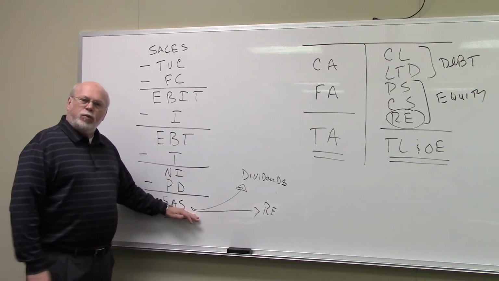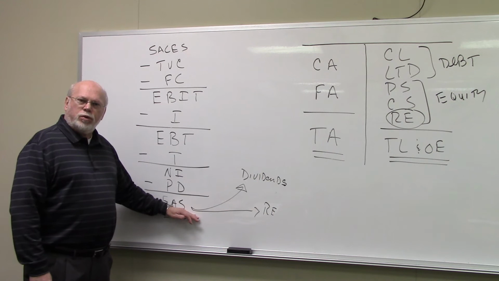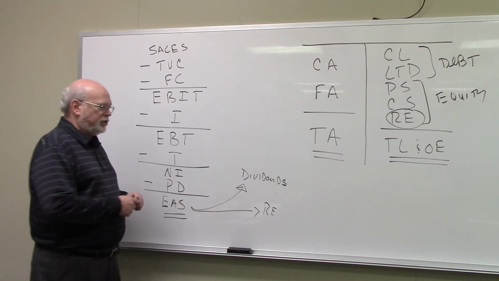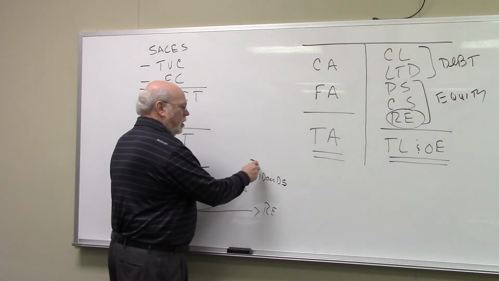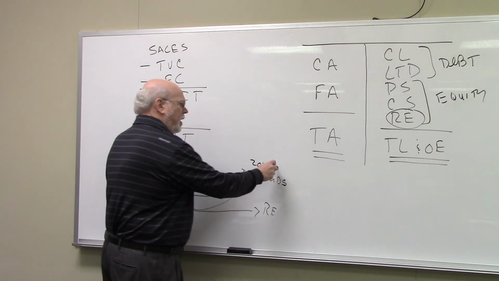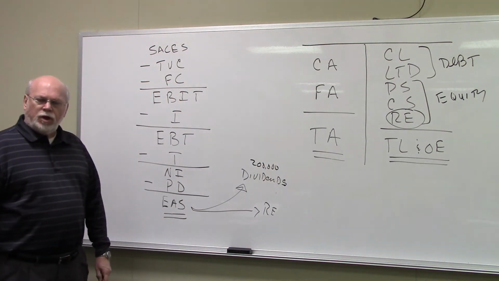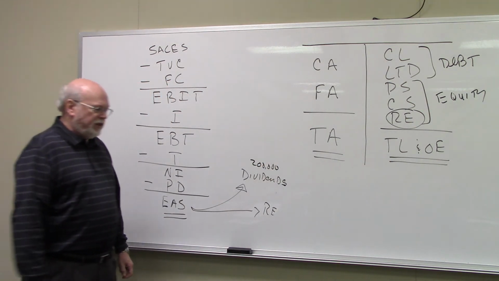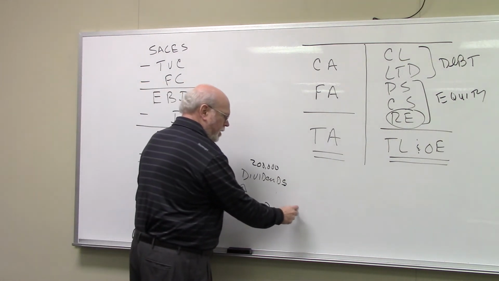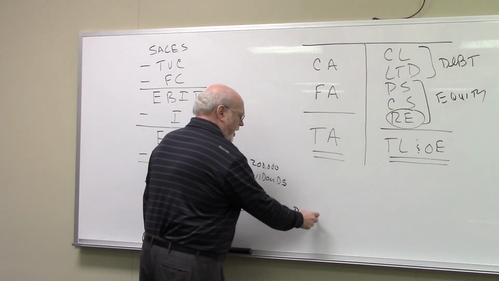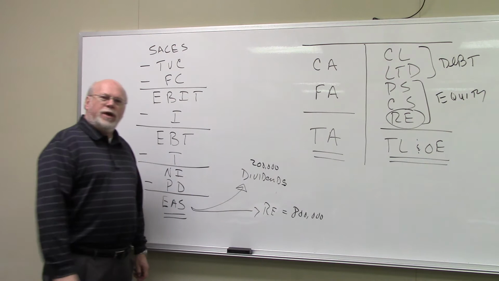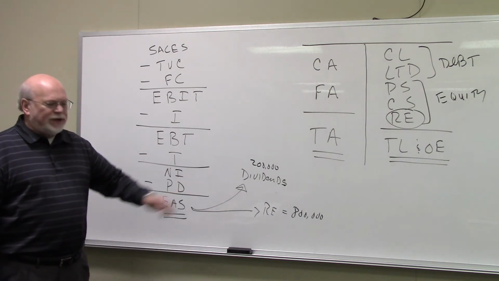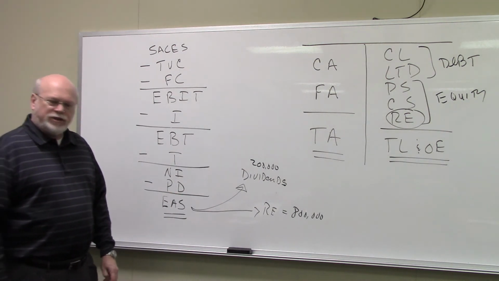Now let's say that we had earnings available to the shareholder of $1 million, and we paid $200,000 in dividends. Well, whatever you don't pay in dividends, you're going to retain. And so if we pay $200,000 of that $1 million out, that means we'd retain $800,000.